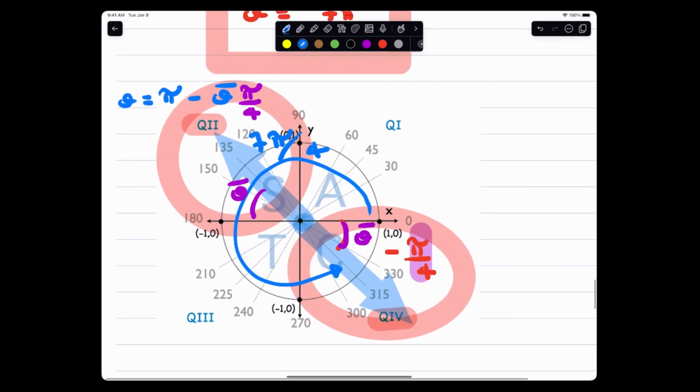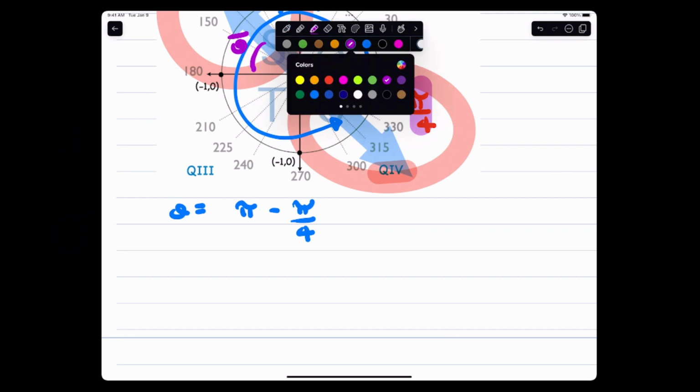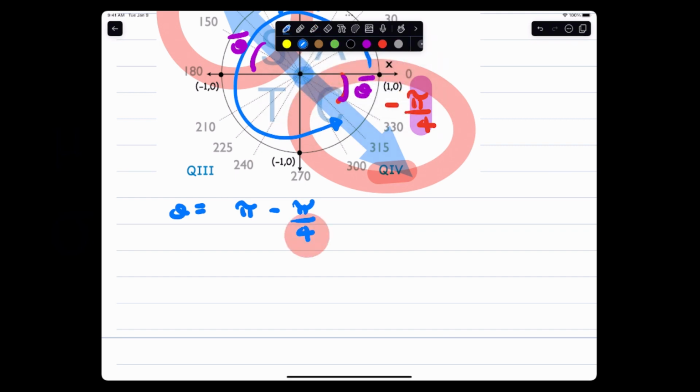So the quadrant 2 angle will be pi minus what? Pi over 4. Do you guys have the, what's that denominator? Four over 4, what do you get? 4 pi over 4 minus what?